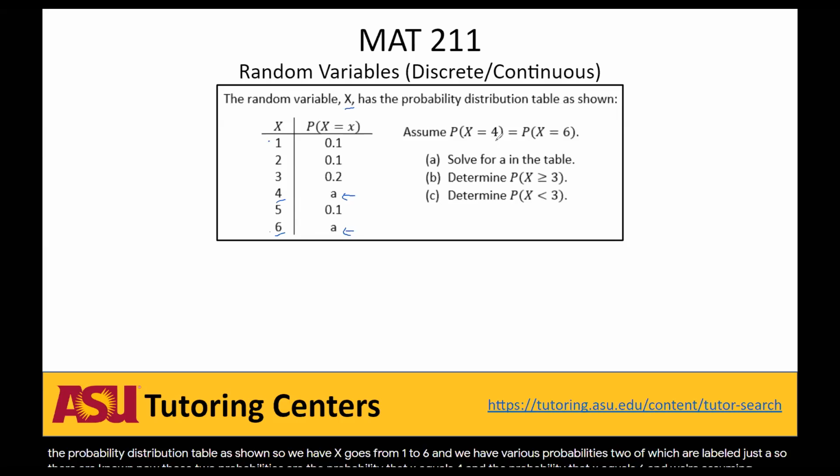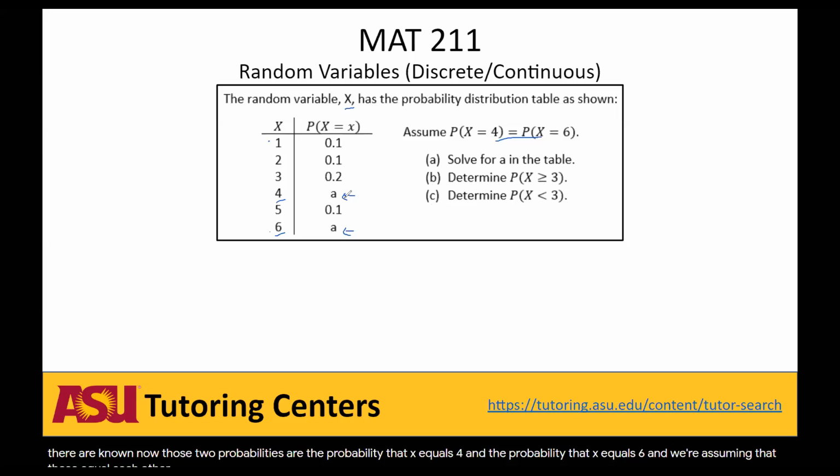We're assuming that those equal each other since they're set to the same value. We want to solve for A in the table. We want to determine the probability that x is greater than or equal to 3, and the probability that x is less than 3.